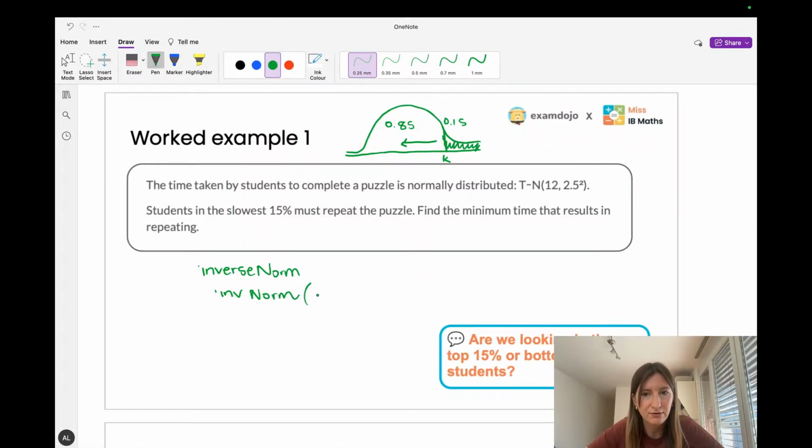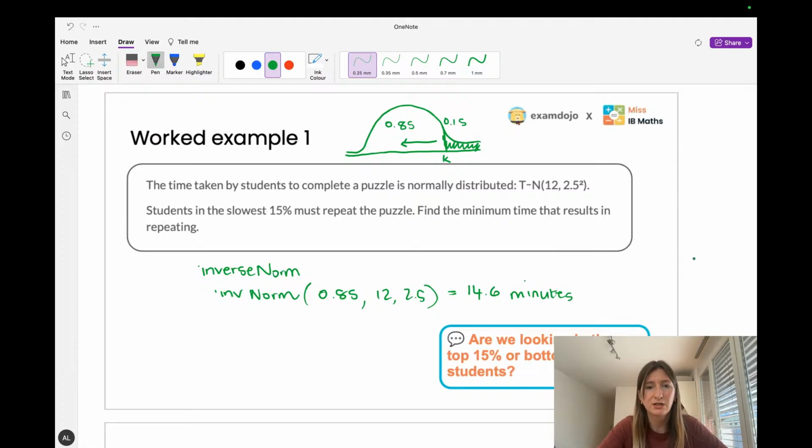You can just write inverse norm. We had 0.85 for the area, 12 and 2.5, equal to 14.6 minutes. IB loves the unit of measurement. It was minutes, the time taken.